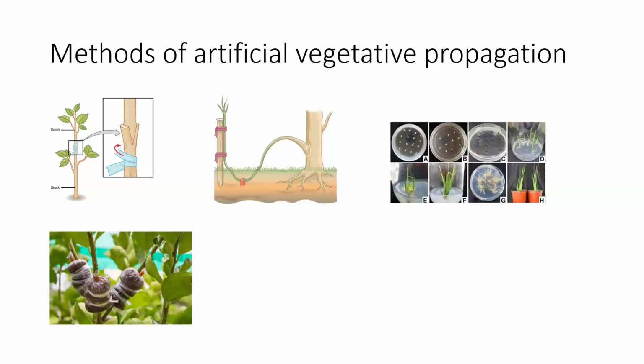These ones humans carry out artificially. The plant doesn't plan to do that. Humans really carry them out. The ones we've been looking at are natural, but here we have some artificial methods of vegetative propagation.